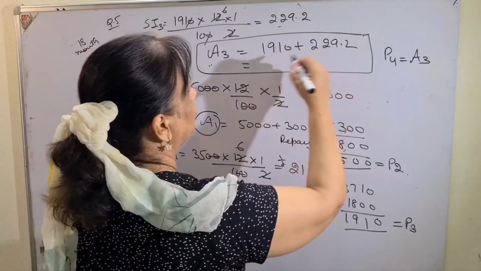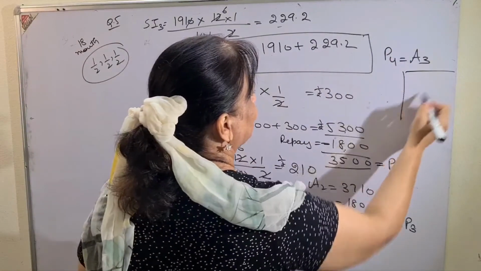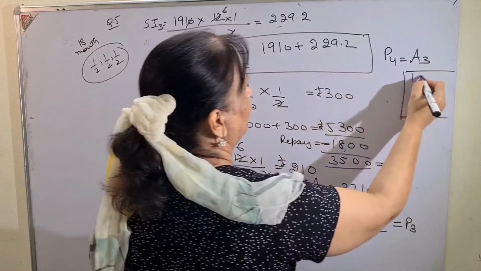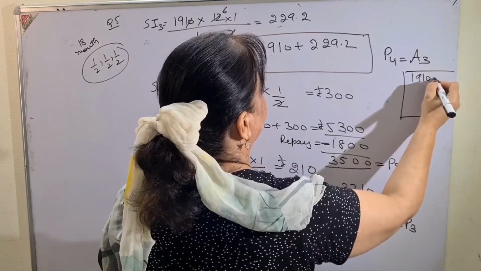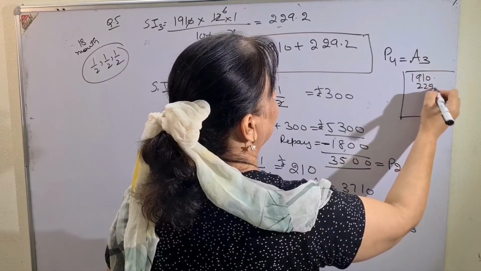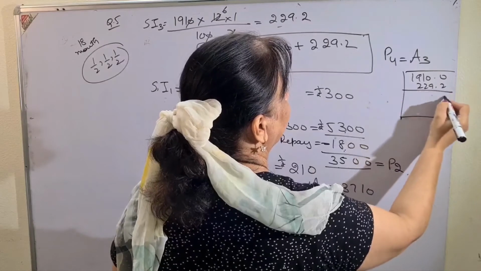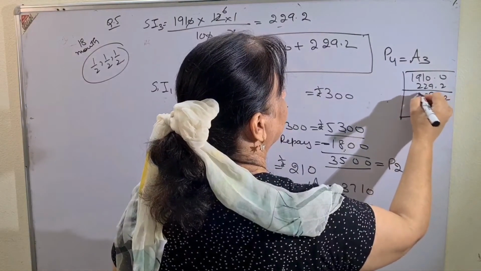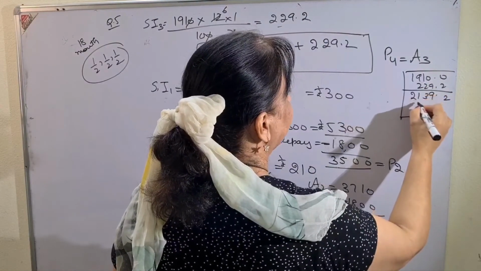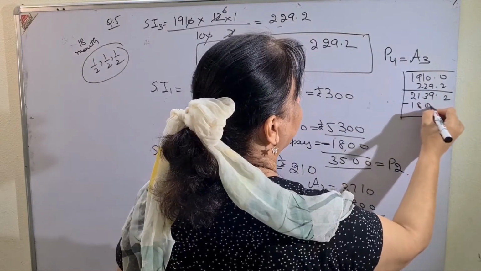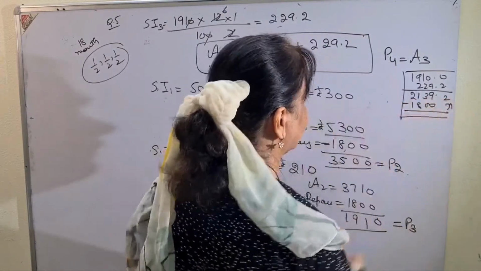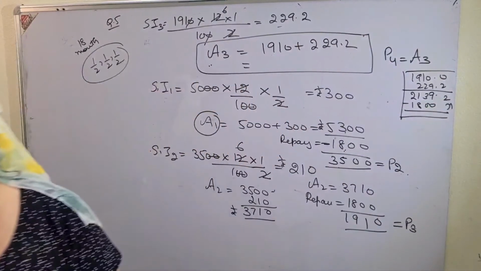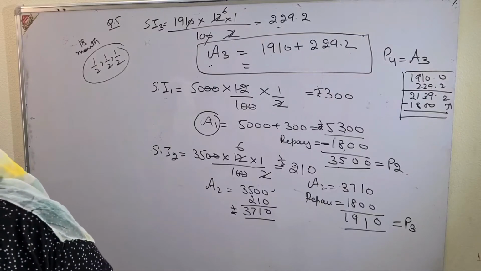Calculate it on the side, for example 1910 plus 229.2, minus again 1800. That will be your final answer. You calculate it yourself, you will get the required answer.